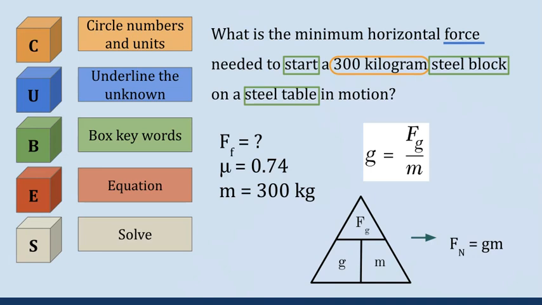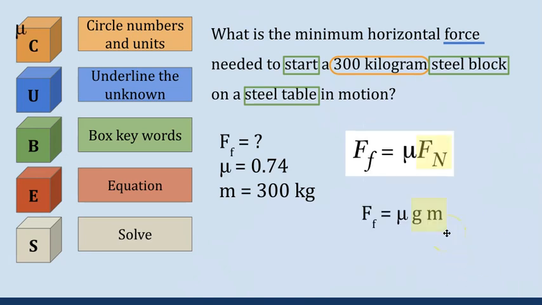My normal force, because it's equal to gravity, I can just use gm to show my normal force. And what that means is, if I go back to my original equation, if Ff equals mu Fn, then I can just take out Fn and replace it with gm. Because if they're really the same thing, then it shouldn't matter which one I use. I should just use whichever one's easier for me in this particular problem.